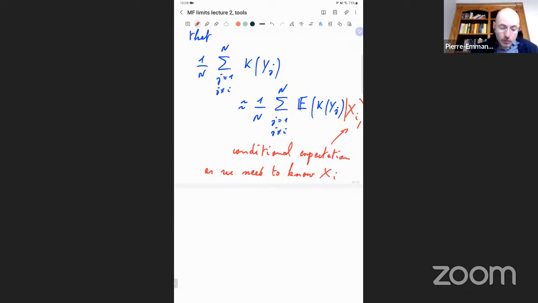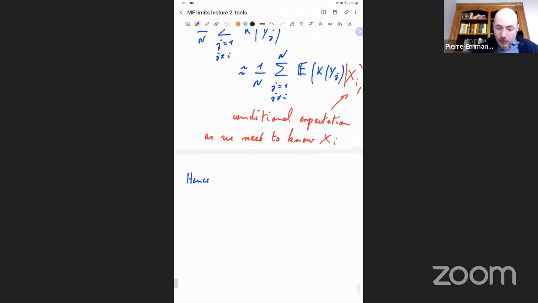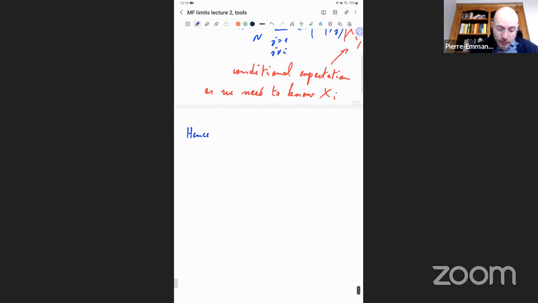All right, so let me rewrite this not with the yj, so let me write the same equality, not with the yj, but with the xi, xj, right? What I wrote here is this.